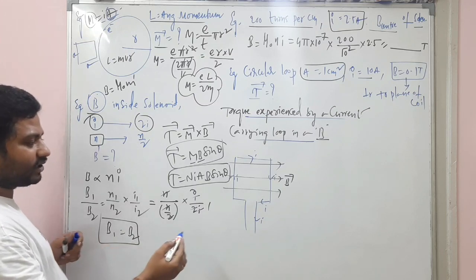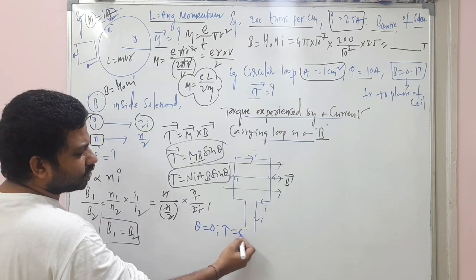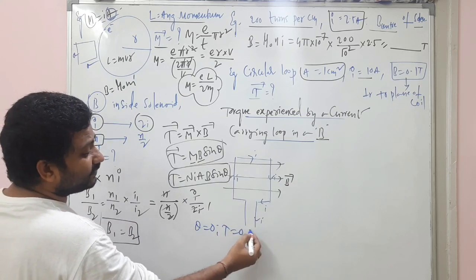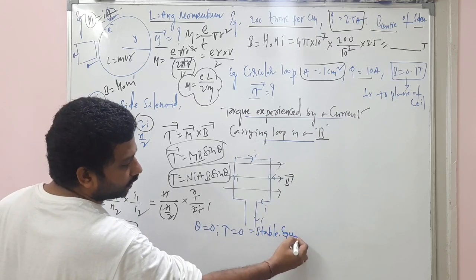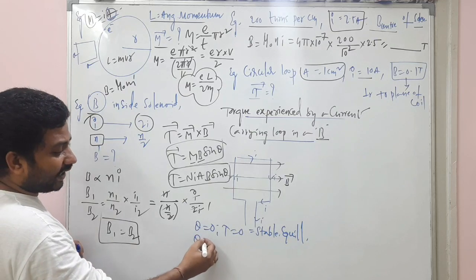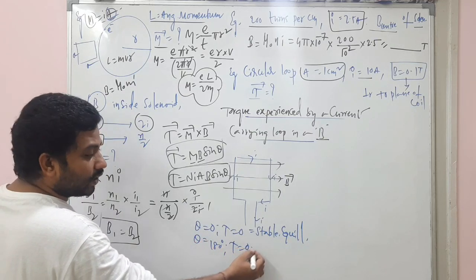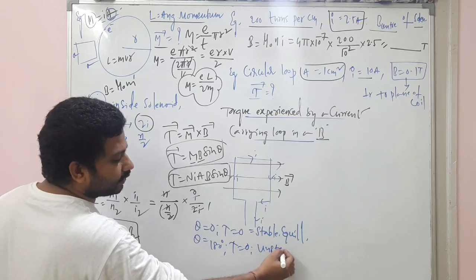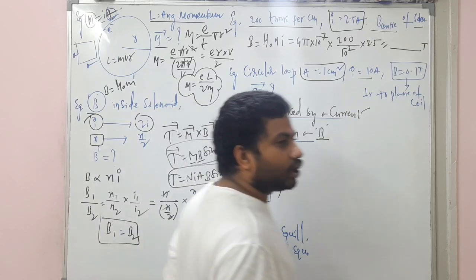I just wanted to mention here, if theta is 0 degrees, the torque is 0, and this is called the stable equilibrium condition. When theta is equal to 180 degrees, the torque is 0, and this is called unstable equilibrium. In both cases, torque is 0 only.